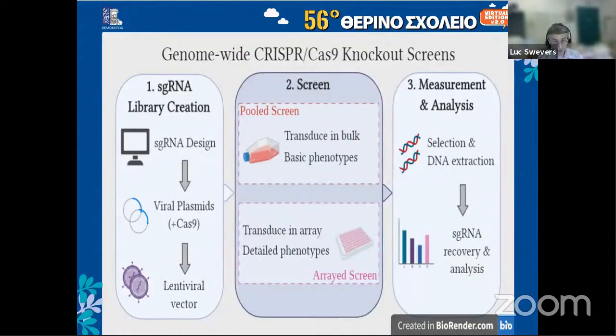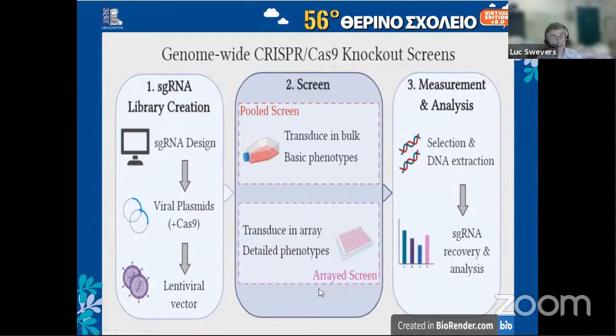And because of the large flexibility of the system, it can also be used for genetic screens. In this case, a large library of single guide RNAs can be created and incorporated in lentiviral vectors. It can be used to transduce cell lines, and then used to assess the involvement of particular genes in physiological processes.